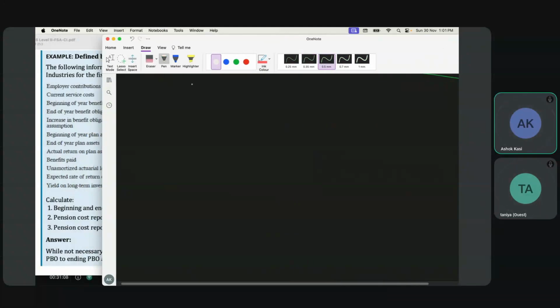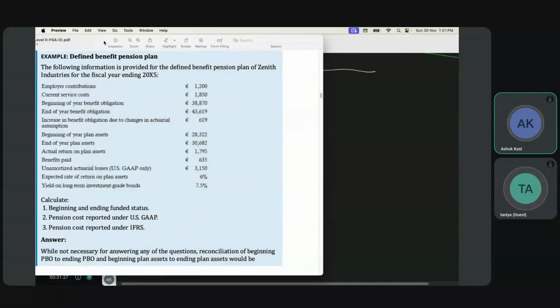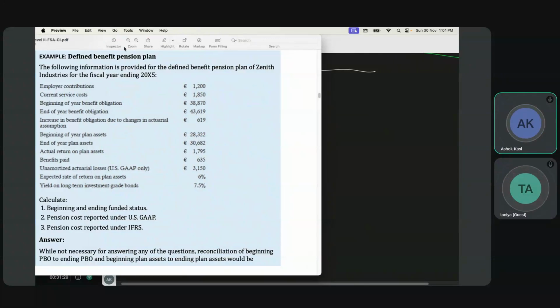So we'll do as usual. First we'll form the format. So the format is PBO. You also do it on your own. You have the questions in front of you. Just let me find it in the books.